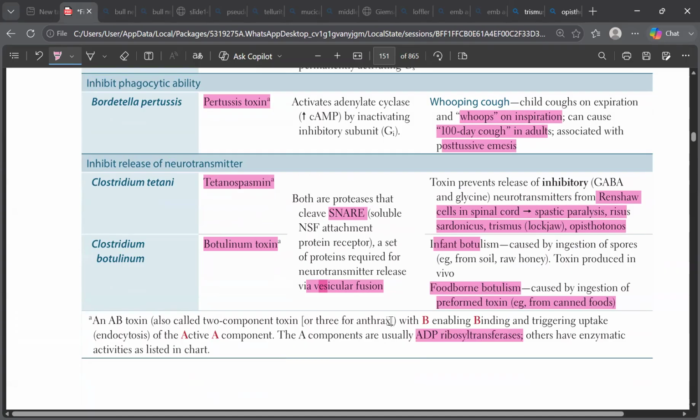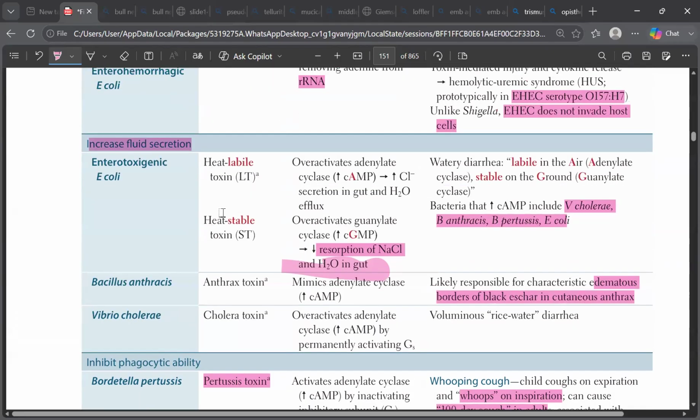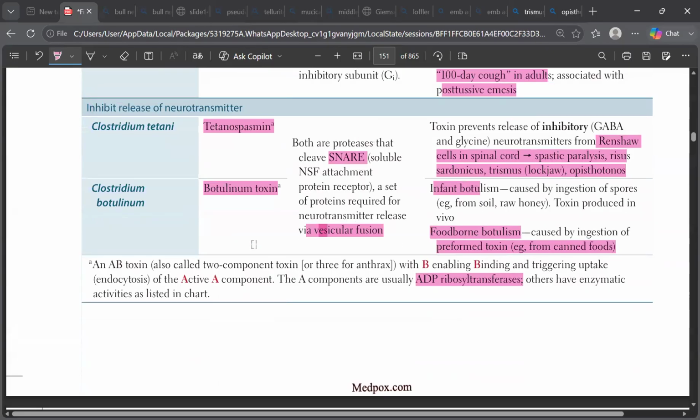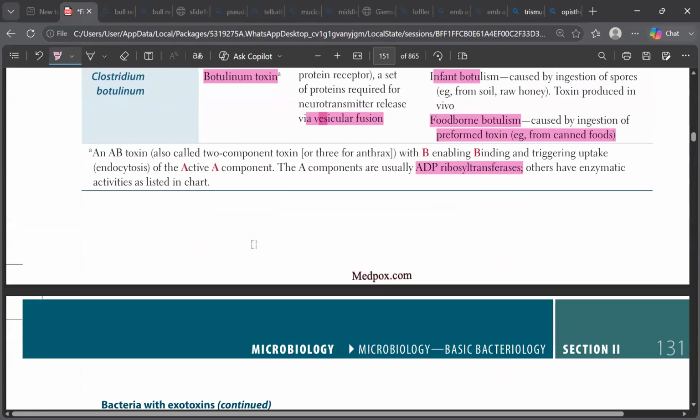Only anthrax has 3. The B enables binding and triggering uptake of the active component. The A components are usually ADP ribosyl transferases, and the others have enzymatic components as listed in the chart. The only others that are left were heat stable toxins, and all of the rest had an A component and B component, with the A component usually being ADP ribosyl transferase.